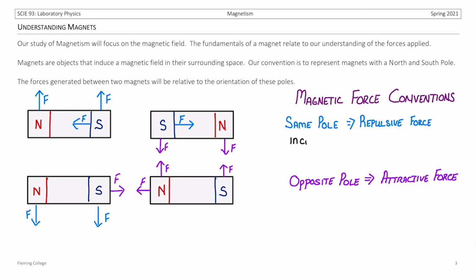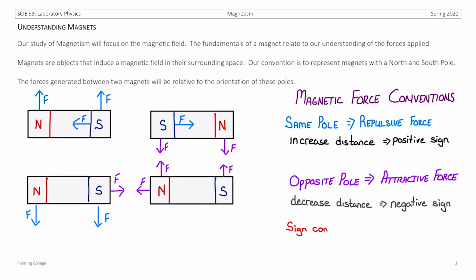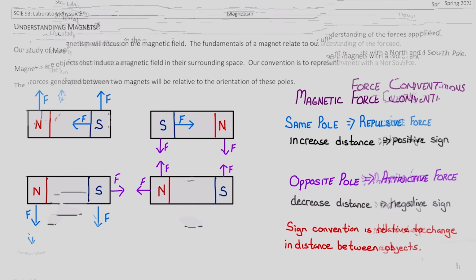Repulsive forces will cause an increase in the distance between the two magnetic objects, and as such we'll assign those forces a positive sign, while attractive forces decrease the distance between those objects, and they receive a negative sign. The sign convention you should see is relative to the change in distance between magnetic objects.